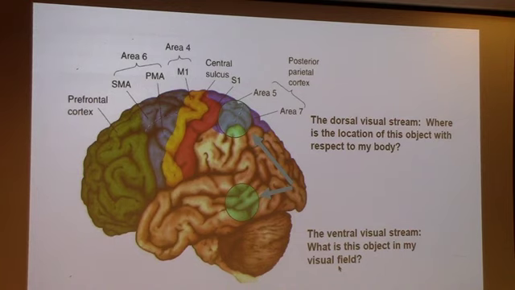However, the dorsal one is combined with other information from our body, like the somatosensory information. With this kind of information, we are able to know where this object is with respect to my body. Not only in my visual field, but whether it is left or right of my body, in front of me or behind me.